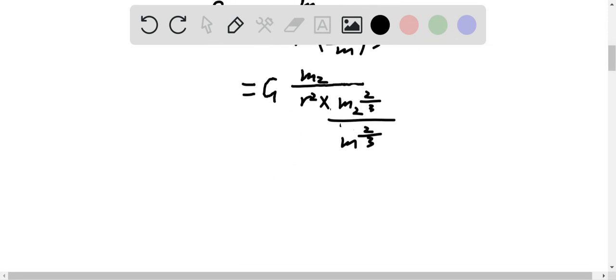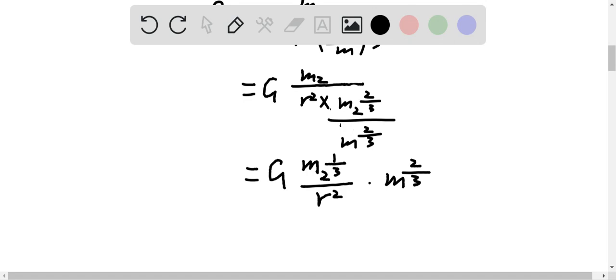And this will give us G times m2 to the power of 1/3 over r squared times m to the power of 2/3.